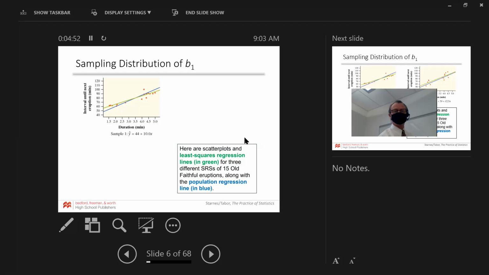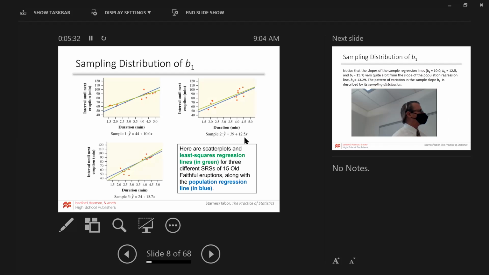Now, what happened? Well, they're showing you the green line represents the sample line of best fit, where the blue line is the population regression line. So the green line is an estimate of the blue line, but the green line is just one estimate. Here's another one.